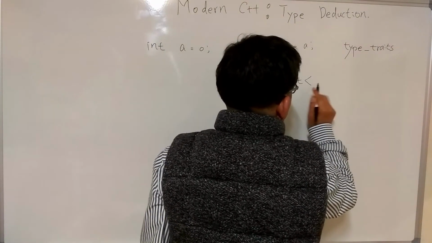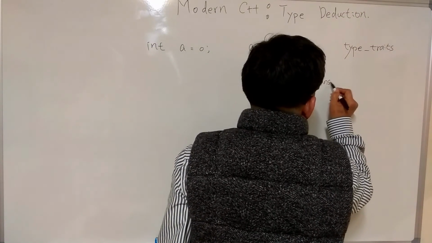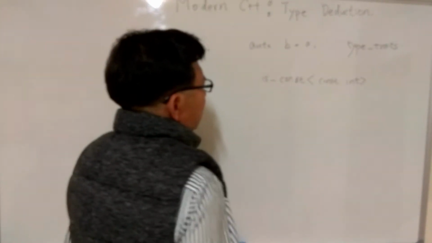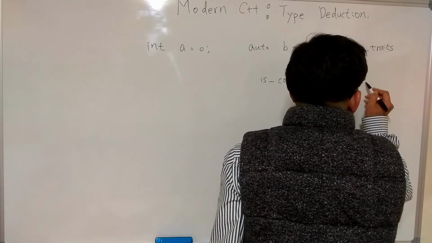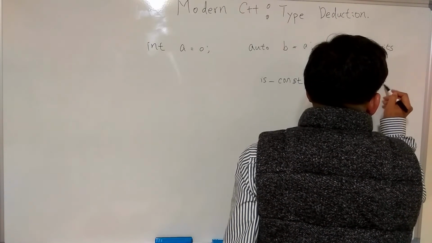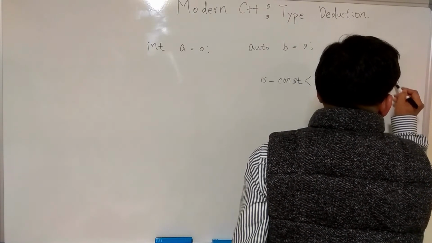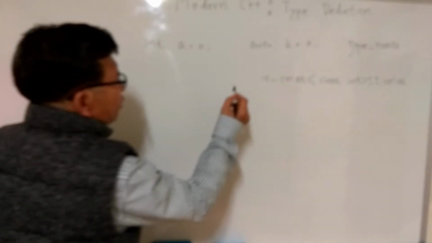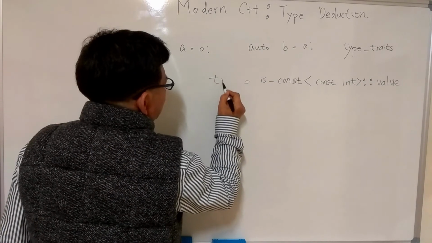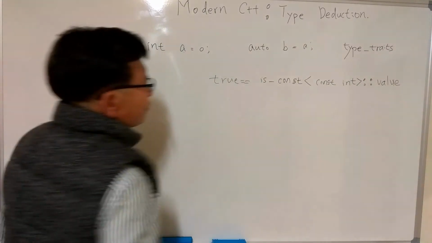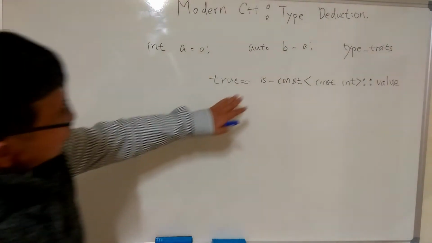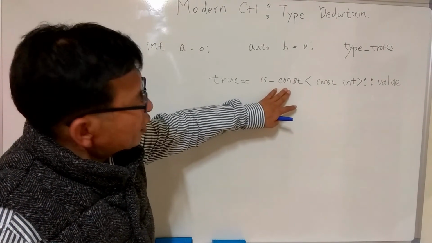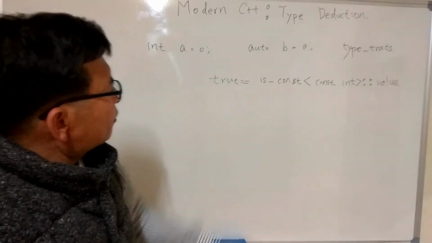For example, if we provide const int, then it will return a value, and this value will be true. This kind of function is called a type function.